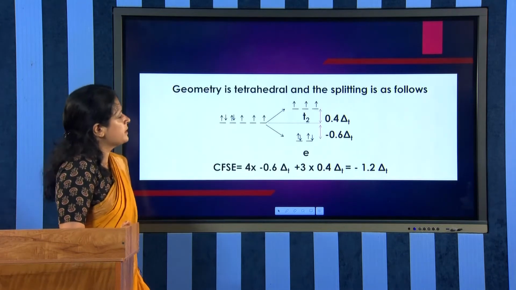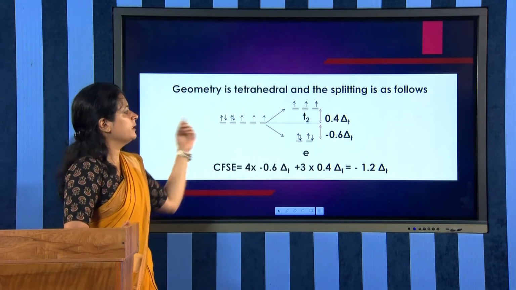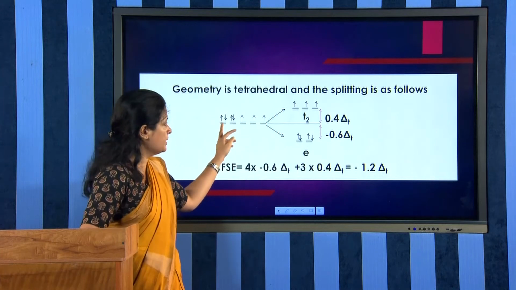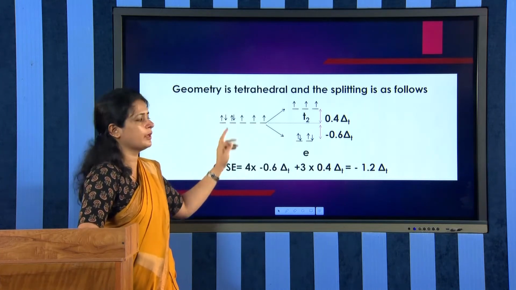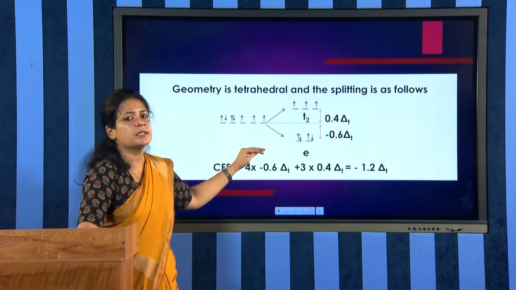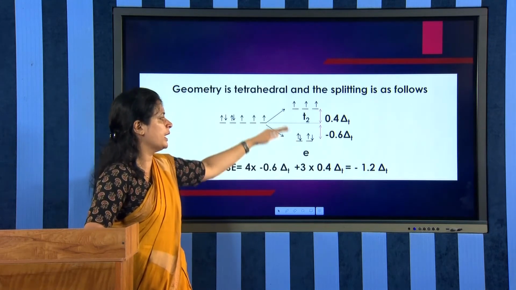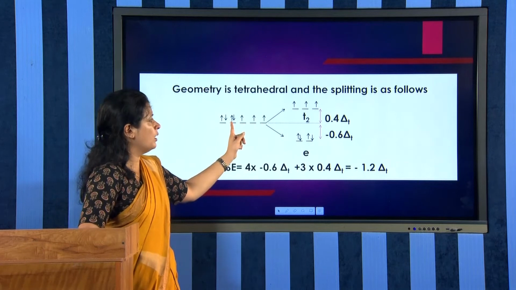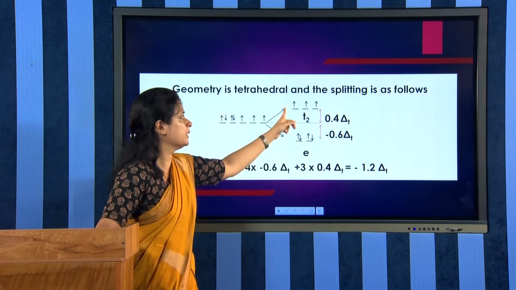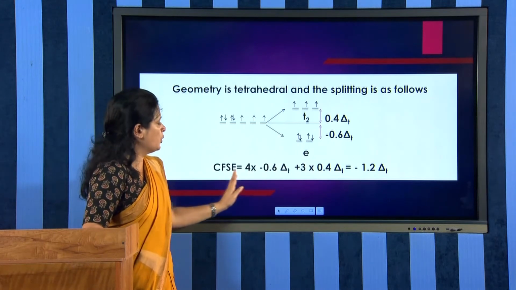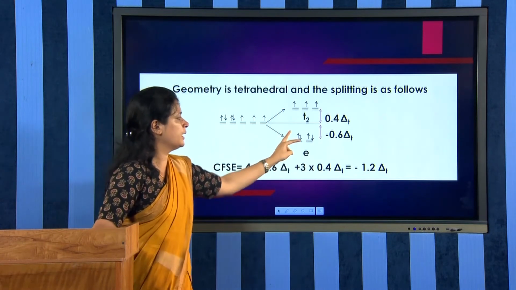See the crystal field splitting, the d orbitals in the free ion state, that is how many electrons? d7 means 1, 2, 3, 4, 5, 6, 7. And in the presence of the tetrahedral crystal field, they will be split into 2 sets, E and T2. How to fill the 7 electrons? 1, 2, 3, 4, 5, 6 and 7. And now you can count how many electrons are there in the E orbital.